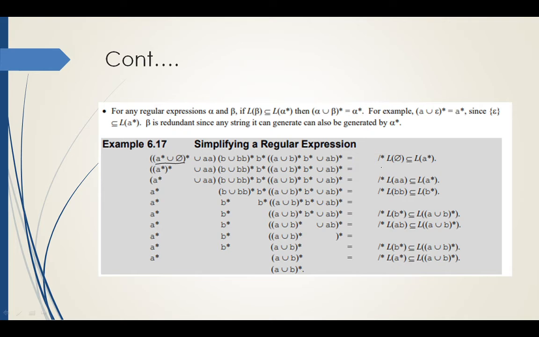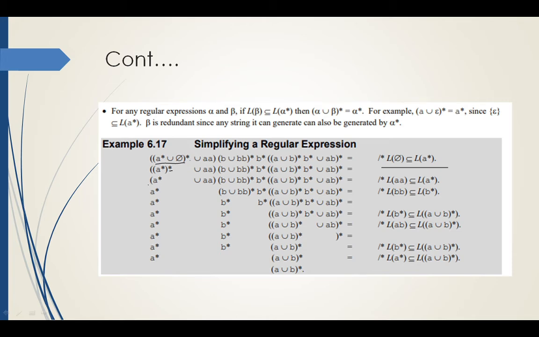Which rule am I using? The language of null is a subset of the language of A star, so I can write A star directly here. Then this star I write as it is, so A star star equals A star. I can write A star directly according to the rule.